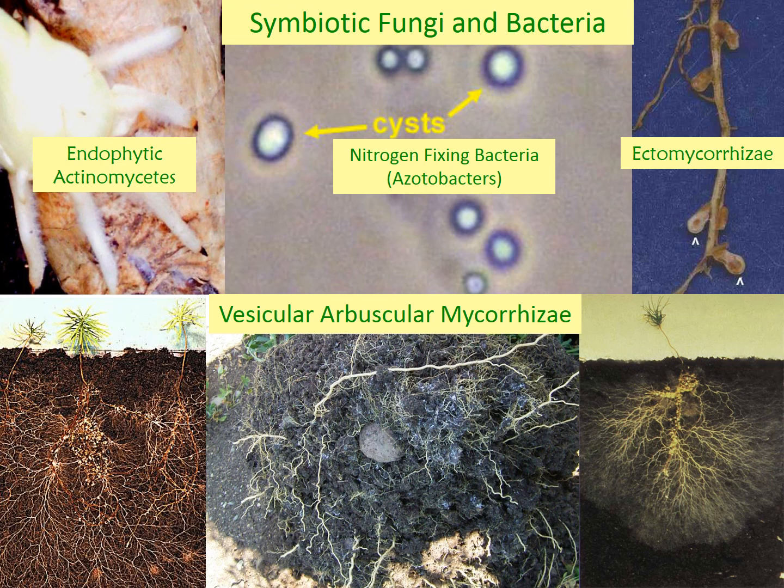So they form cysts. There's ectomycorrhiza too. They live only on the outsides of the plant's roots. And there's mycorrhizal fungi, your vesicular arbuscular mycorrhiza in all of these bottom three panels. And they are some of the real workhorses of the soil food web.